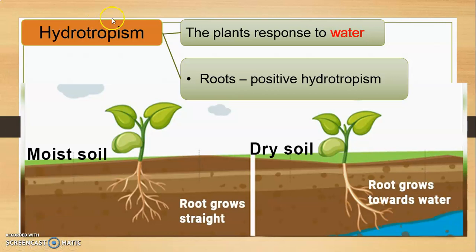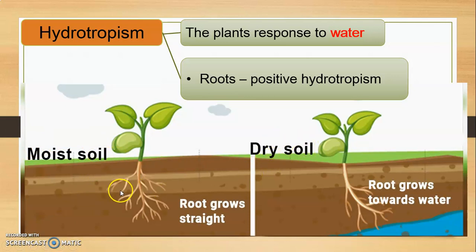And then hydrotropism. In hydrotropism, the plant responds to water. Roots show positive hydrotropism. What about the shoot? Shoot shows negative hydrotropism. As we can see from the diagram here, this refers to the moist soil and this one refers to the dry soil.